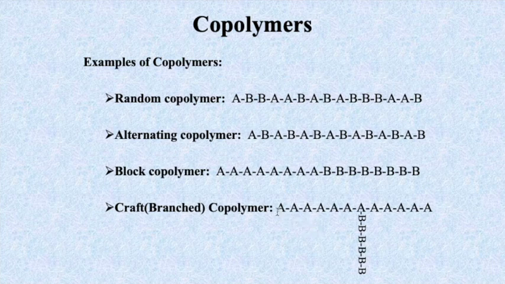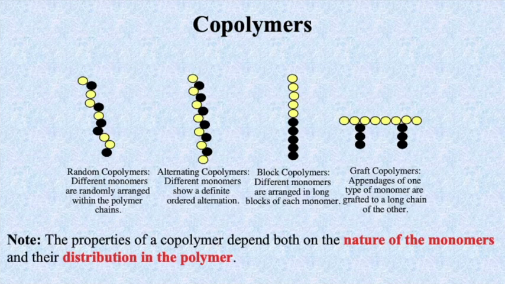You can have one type of monomer attached to each other and a different one attached to that as a branch, or even all the A's and then branching as all A's. It would be a branched one. So these are the 4 types of copolymers that you have to remember.